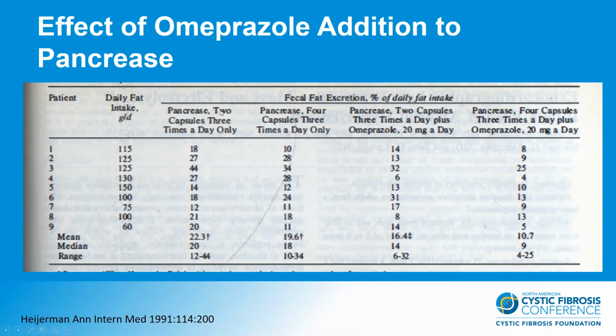And they randomized them to 2 capsules of pancreas 3 times a day, 4 capsules 3 times a day, 2 capsules 3 times a day plus omeprazole, low dose, or 4 capsules. And what you find is that the percent fecal fat excretion, as a measurement of fecal malabsorption, significantly decreases when you add more pancreatic enzymes and add the omeprazole.